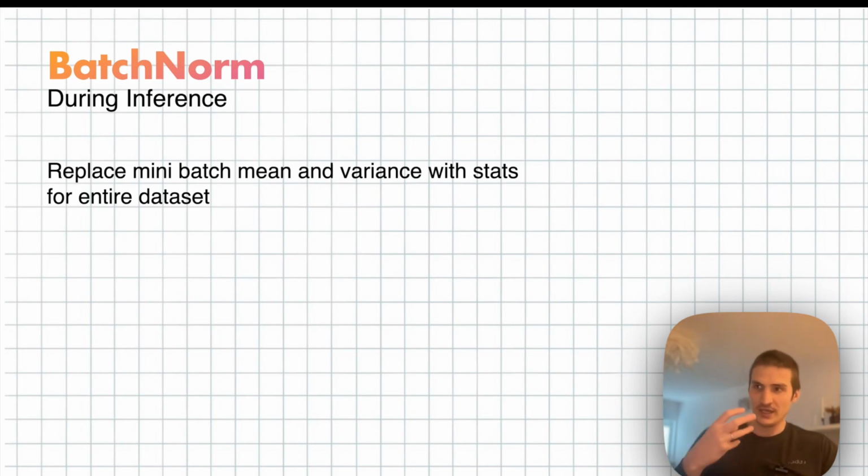So when we do inference step, when we do prediction from the model during the validation phase, we replace these estimated mean and variance from the sample with just statistics calculated over the entire data set that will be fixed forever after the network is trained.